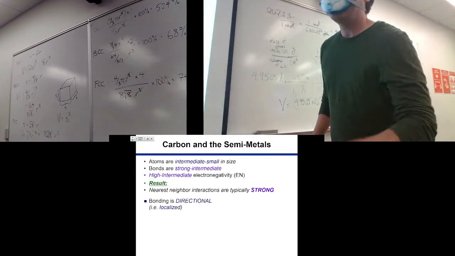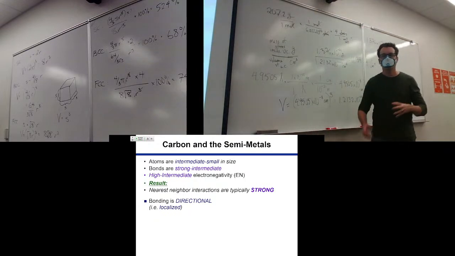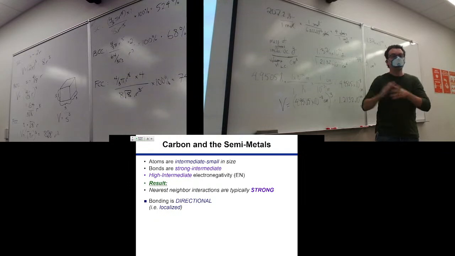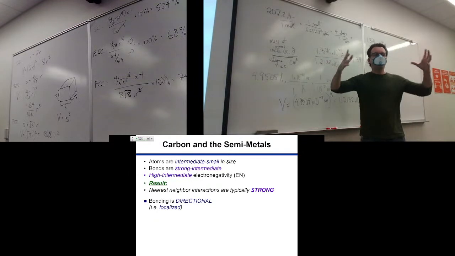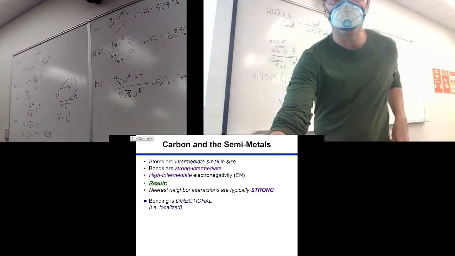The problem is, the bonding is going to be more localized, right? So when you make an interaction with a neighbor, that electron sharing is going to be pretty permanent, and it'll be stuck like that. The electrons won't be able to move around. Like in a metal, the metals can have lots of neighbors because it doesn't really matter where the electrons are. They can be anywhere. The electrons are more free to move around.